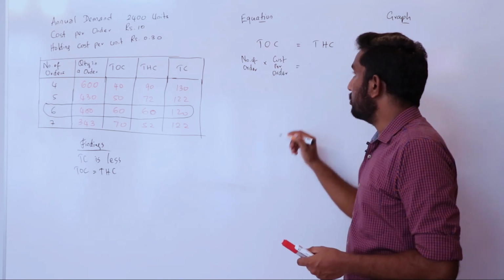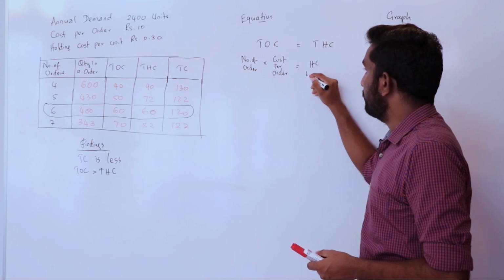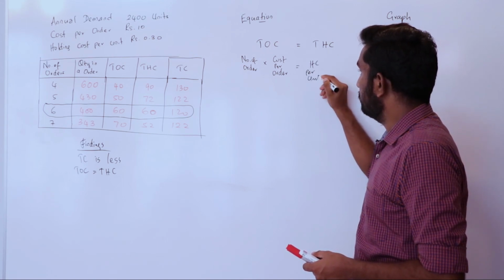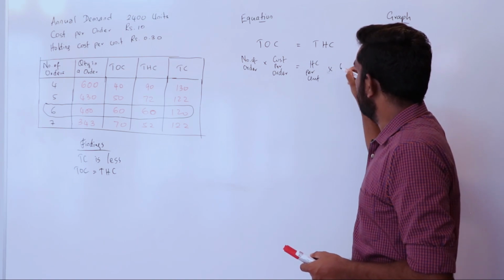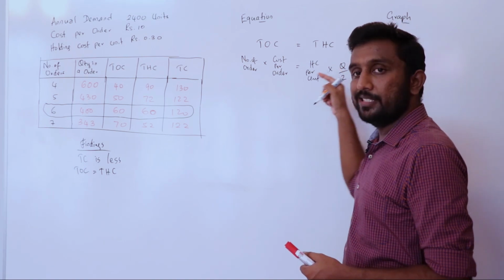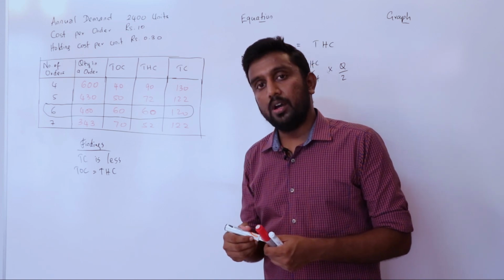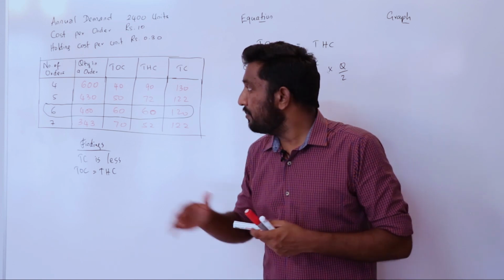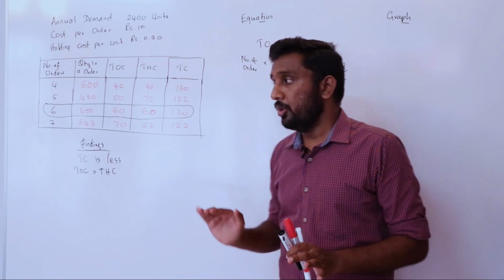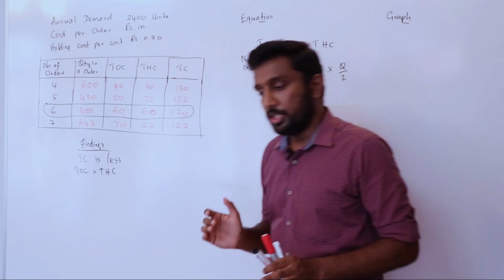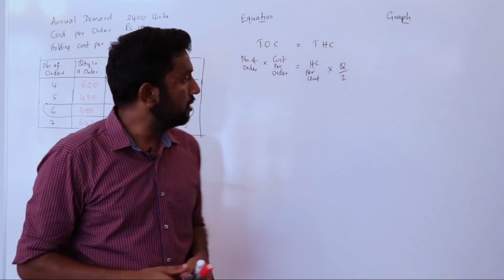Total holding cost equals holding cost per unit into Q divided by 2. Q is the number of units which we are receiving in each order. It can be the reorder quantity or EOQ. So Q is the number of units which we receive in each order.